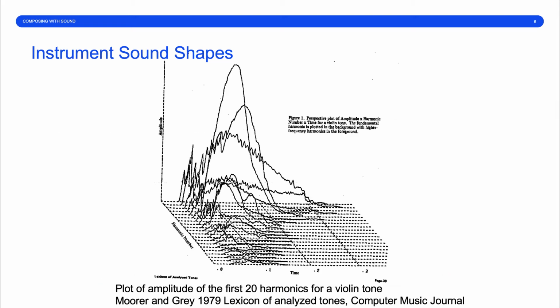So, in the early days of computer music research, it was found through digital spectrum analysis of typical instruments that their sounds could be characterized as a series of harmonics or partials in the way that we described last week.